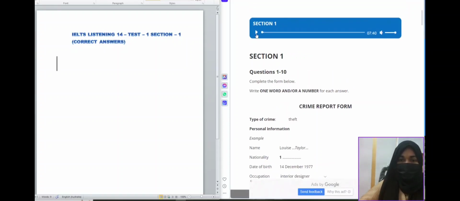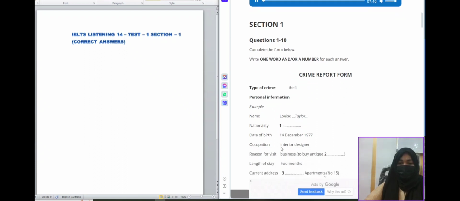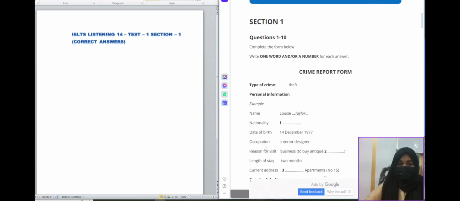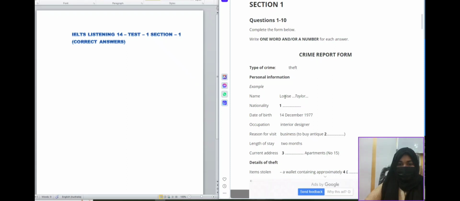Everyone. In a police station. First, you have some time to look at questions 1 to 3. While you have been given the time, check the questions 1 to 3 now. Name, nationality, maybe Australian, Canadian, Indian, African, date of birth, interior design. You will see that there is an example that has been done for you.